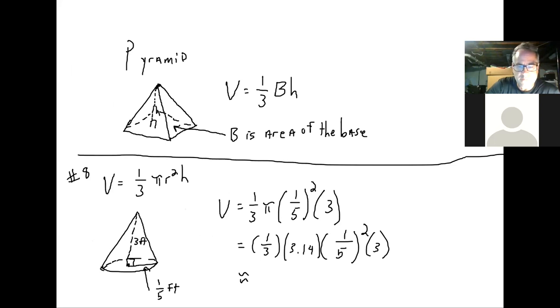So we have 1/3, then 3.14. Then I've got 1 divided by 5, and I'm going to square that, or just put in 1/25, and then times 3.